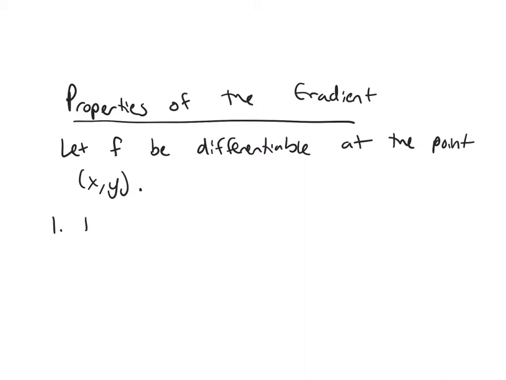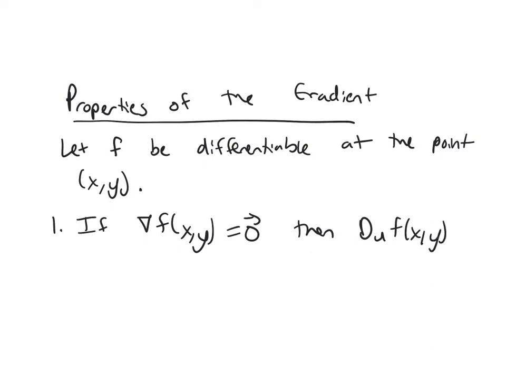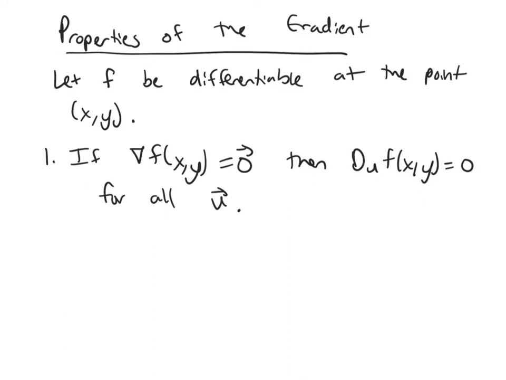The first one says if the gradient at your point is the 0 vector, then your directional derivative is 0 for all directions u. This makes sense because remember that the directional derivative is defined in terms of the dot product with your gradient. So if your gradient is the 0 vector, then your directional derivative will also be 0.